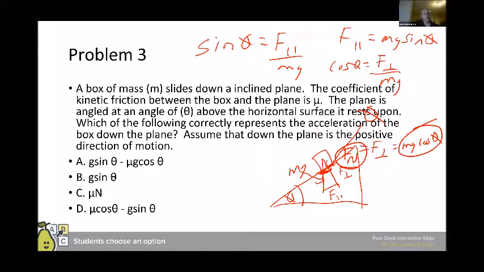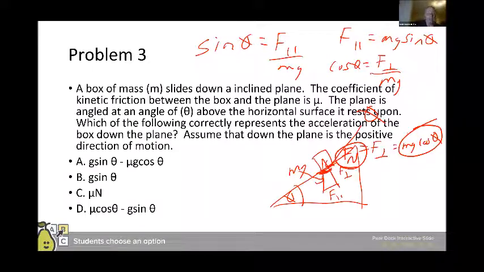So let's look at what it's asking me to actually come up with. Which of the following correctly represents the acceleration of the box down the plane? And it says assume that down the plane is the positive direction. So this is one where you really have to derive an equation.